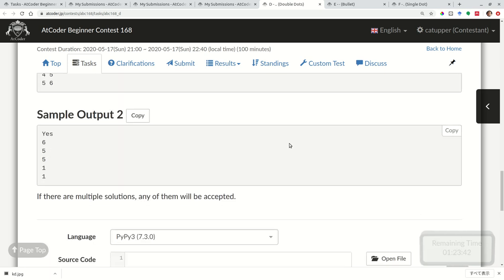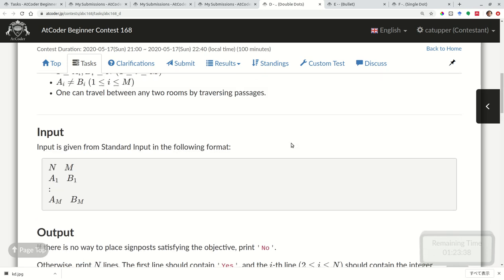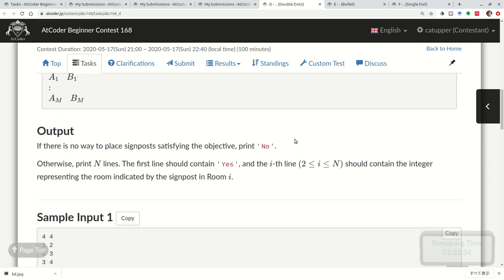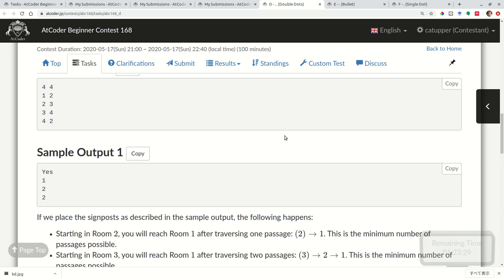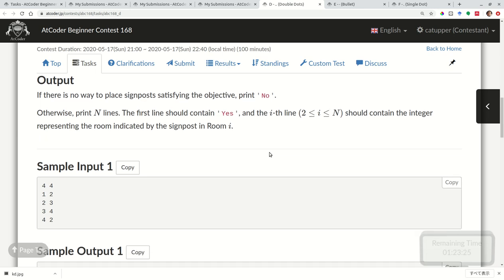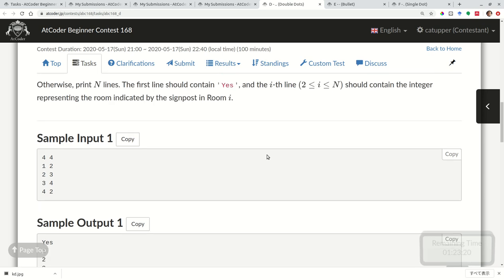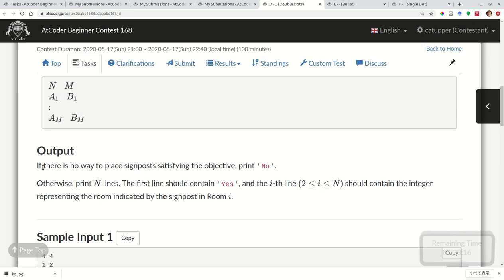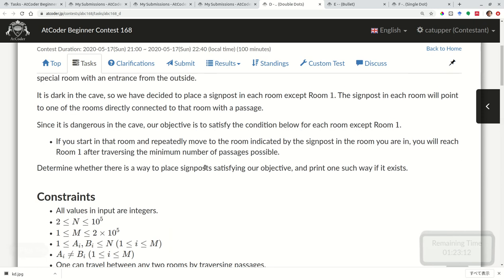So it's just write the signposts for the nearest neighbor, the neighbor nearest to node 1. Then we can calculate the... When is the answer no? When some node is not connected.